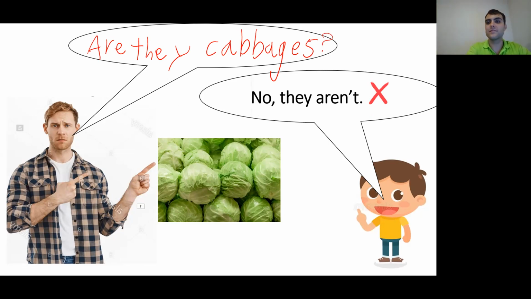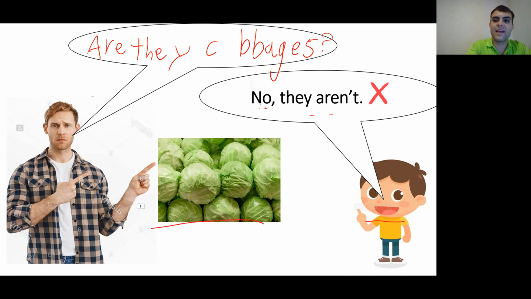What do you think? Does this work? Can we have him say, are they cabbages? And then him say, no, they aren't? Who thinks yes, that's okay? Raise your hand if you think no, it's not okay. No, it's not okay. We can't have him say, are they cabbages? Because these are cabbages.